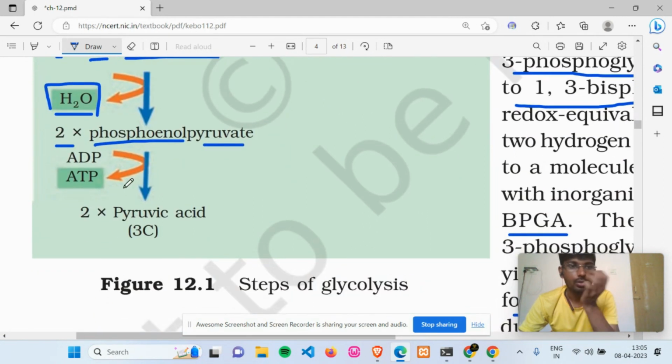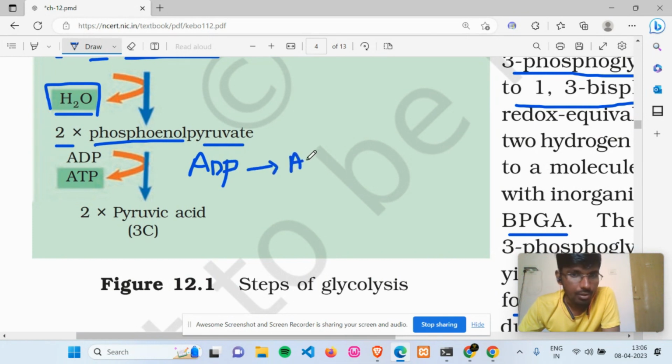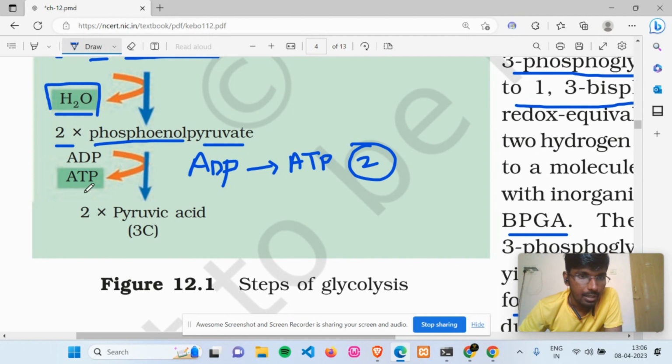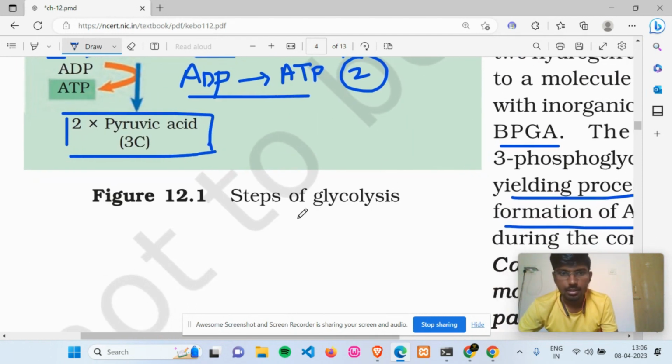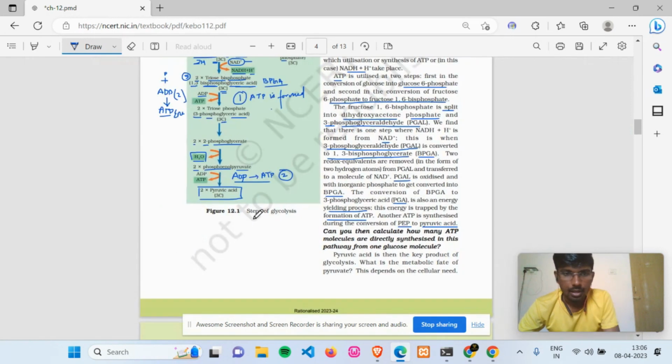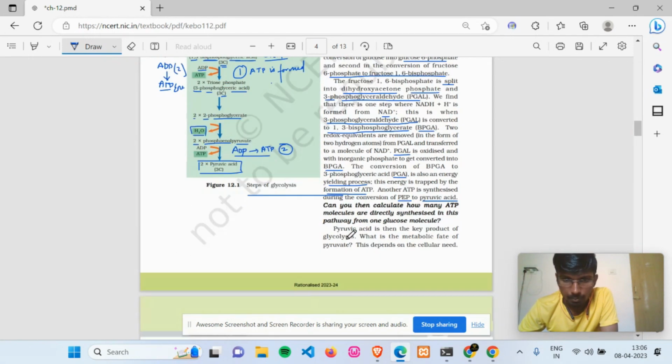Using this, here also an ADP is getting converted into an ATP molecule, which is an energy yielding process, and this is the second energy formed. Finally, it forms 2 pyruvic acid, which is a 3 carbon compound. These are the steps involved in the glycolysis process.